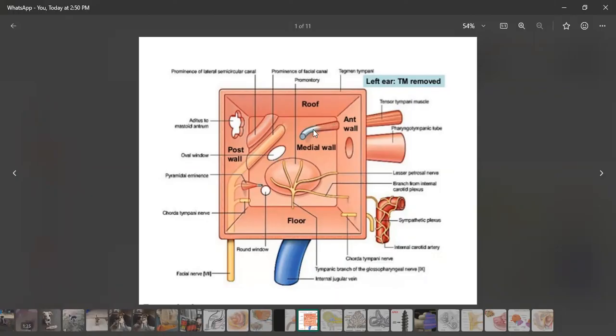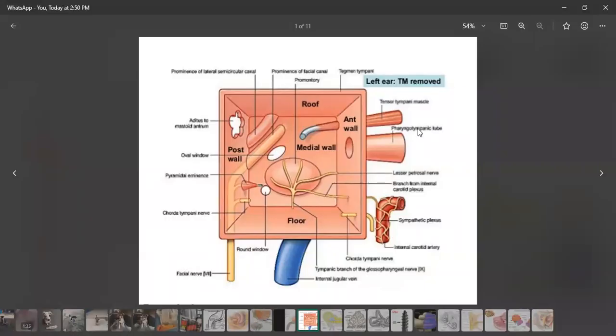It does that through this handle of the malleus. So origin is here on the auditory tube and insertion is on the handle of the malleus. This muscle is supplied by the mandibular nerve via its medial pterygoid branch. It's not that important. You just have to remember that this tensor tympani muscle pierces the anterior wall.